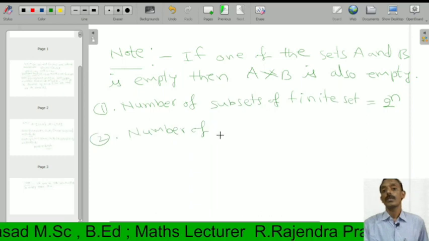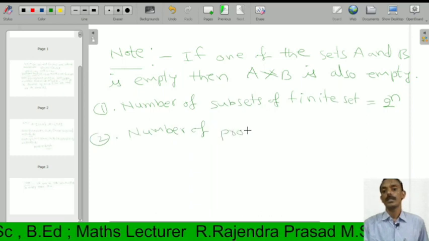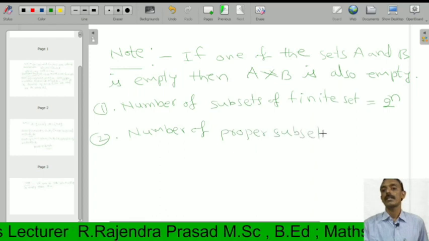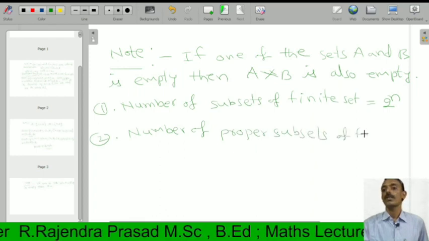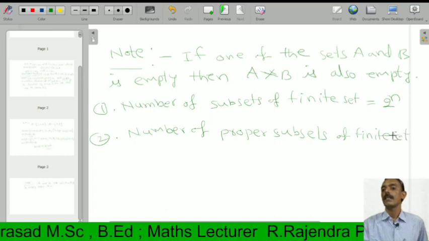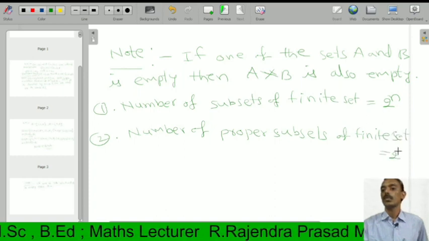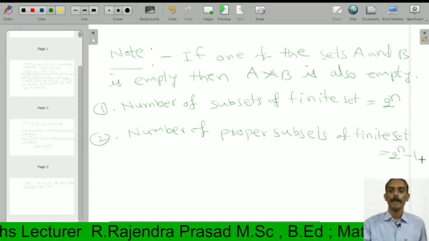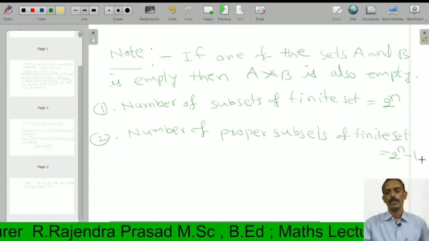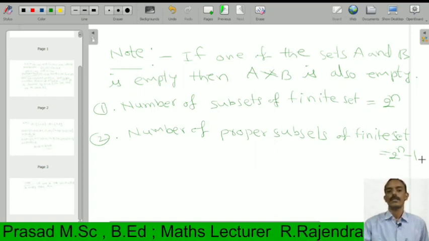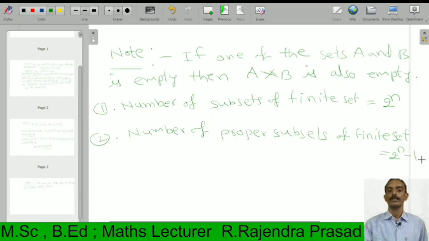Number of proper subsets of a finite set equal to 2 power n minus 1. Proper subset means excluding the set itself, so it is 2 power n minus 1.